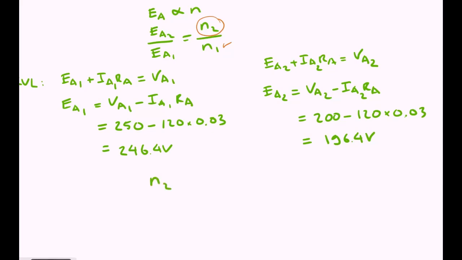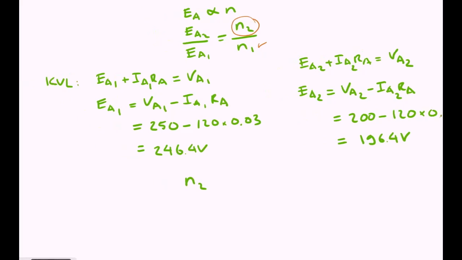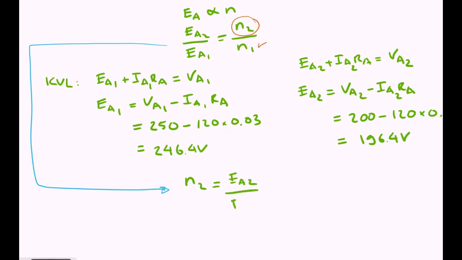Now we can find the value of this new speed N2 by using the ratio equation. So N2 is equal to EA2 over EA1 times N1.